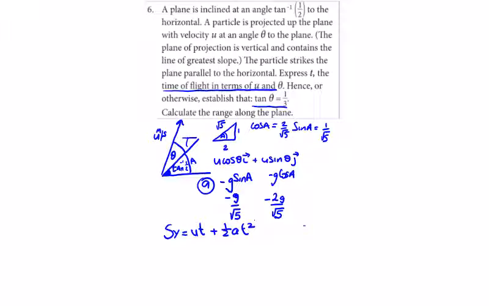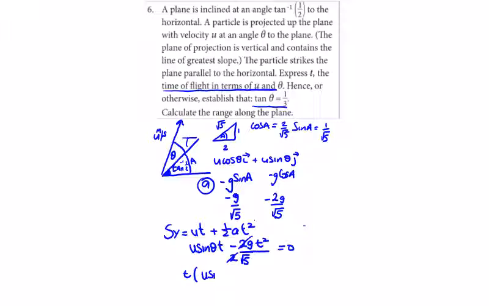So u for y is u sine theta times t minus the acceleration 2g over root 5. So we'll have the 2 on the bottom, which will cancel with the 2 on the top. So we're going to have minus 2g over root 5, the half, we'll put a 2 here, and then by t squared. So the 2's will cancel. Let this equal 0. Factor out our t.